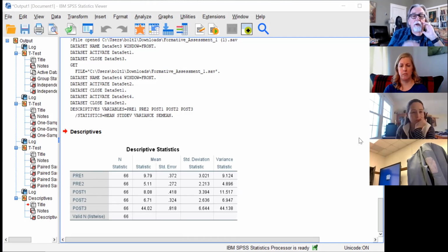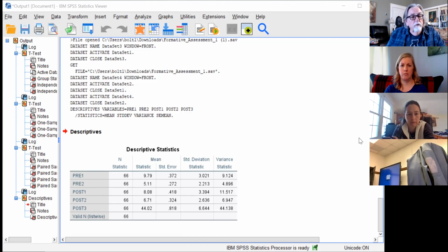Now, if you have alphabet variables, alphanumeric, then when you ask for descriptive statistics, it simply won't provide them because it realizes that it can't do that.